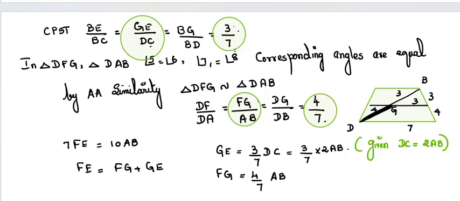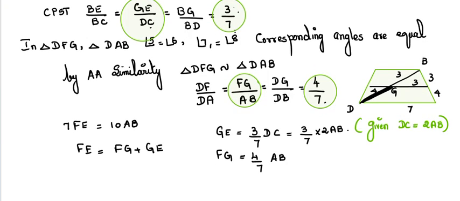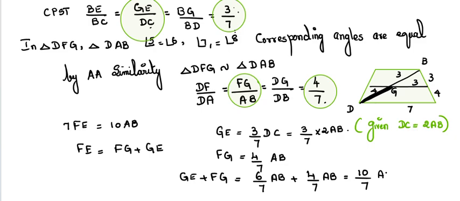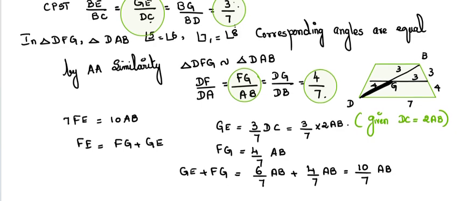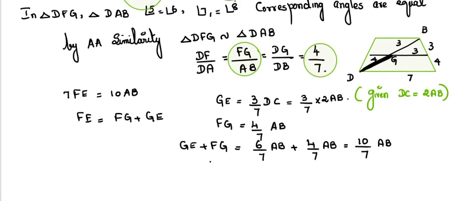Now if you add these two, you will immediately get the answer. So GE plus FG is equal to 6/7 AB plus 4/7 AB, which is equal to 10/7 AB. GE plus FG is nothing but FE. FE equal to 10/7 AB.